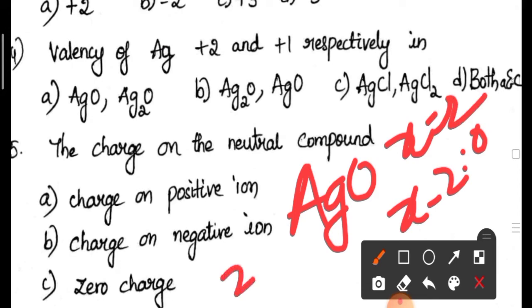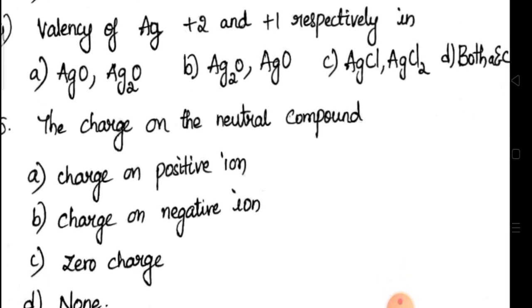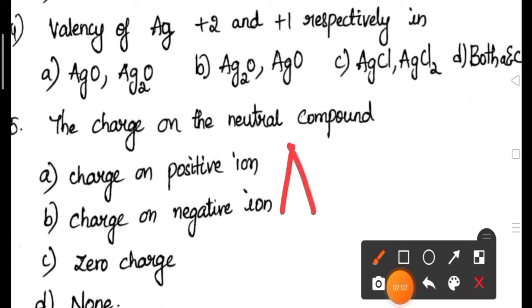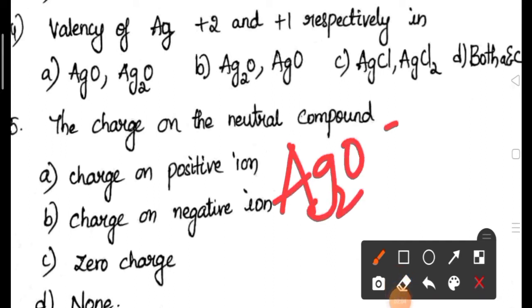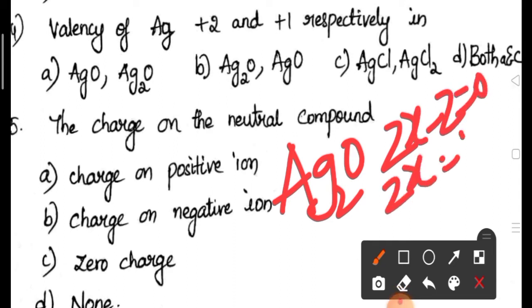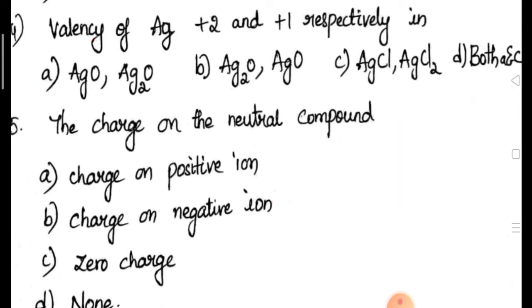And Ag2O: 2x minus 2 equal to 0, 2x equal to 2, x equal to 1. So the correct answer is A. Actually, Ag2O and AgO mean plus 1 and plus 2 will come. AgCl, AgCl2, if you calculate, plus 1 and plus 2 will come. Here they are asking plus 2 and plus 1. So the answer for the fourth one is A.